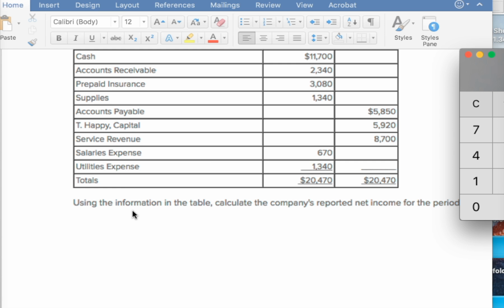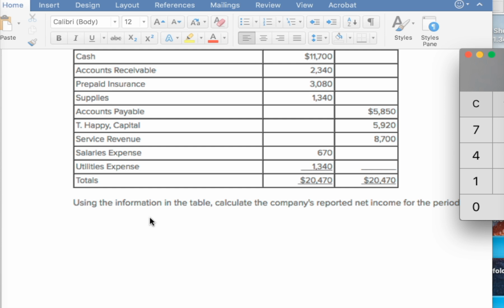Okay, so yes, sir. What if, say, salaries expense 670 was on the credit side? Would you still do the same thing? Okay, so expenses carry a debit balance typically. If a seasoned accountant saw that, they would immediately think something's probably wrong there.